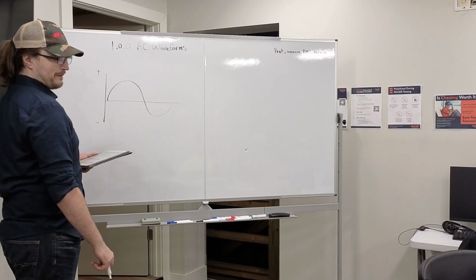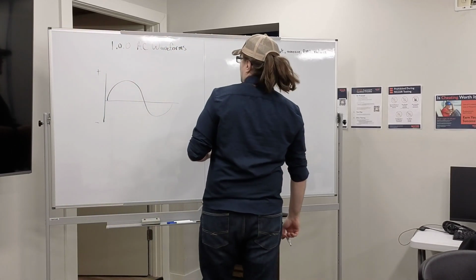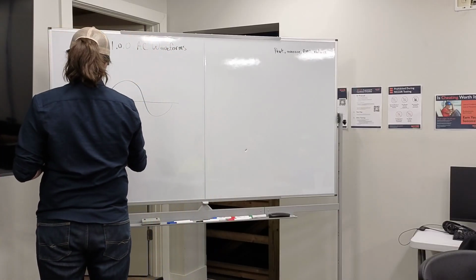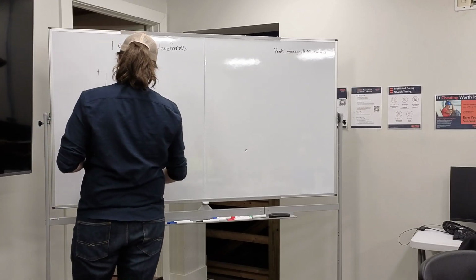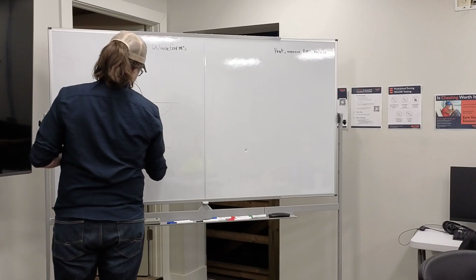Hey, could you explain the difference between AC and DC in dumb terms? And when we would use AC and when we would use DC. AC alternates.